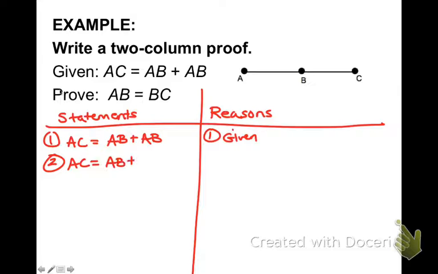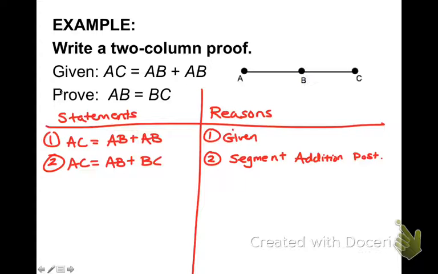AB plus BC is what the segment addition postulate tells us. Segment addition postulate. Why isn't it the segment addition property? Because it's not a property, it's a postulate. It's something that has never been proven, but we say that it's true.